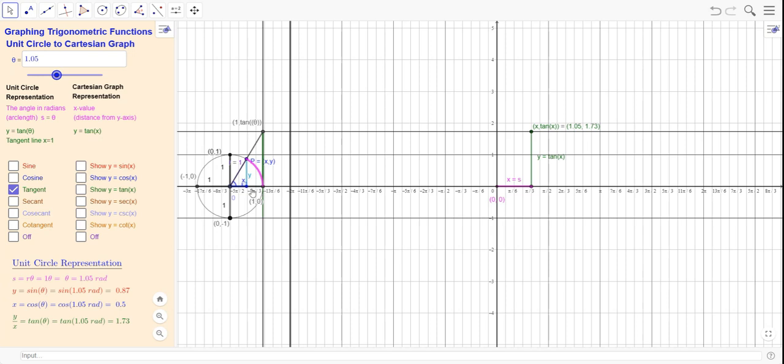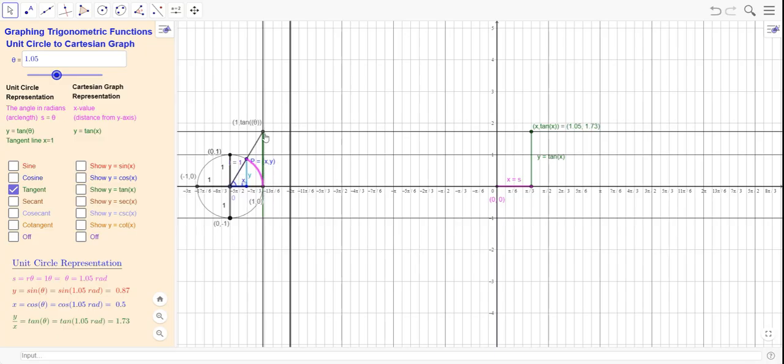Could have something to do with the name of the function here. Tangent function, tangent line. And we have y over x is the tangent of that angle. Well, x is 1 here, so y is the tangent. So this vertical distance, from here to here, is the tangent.